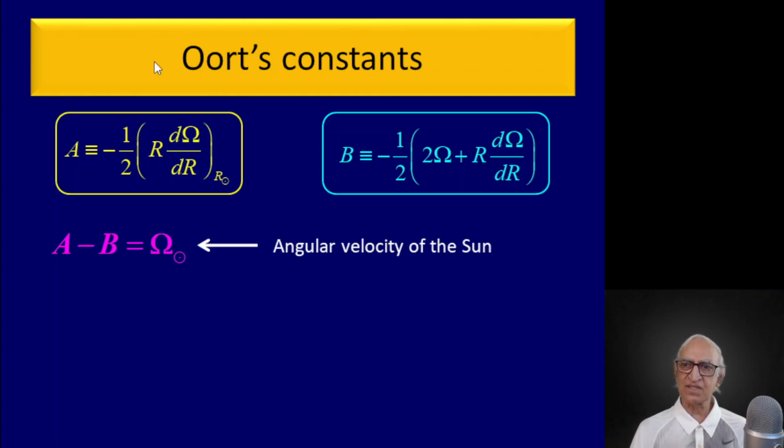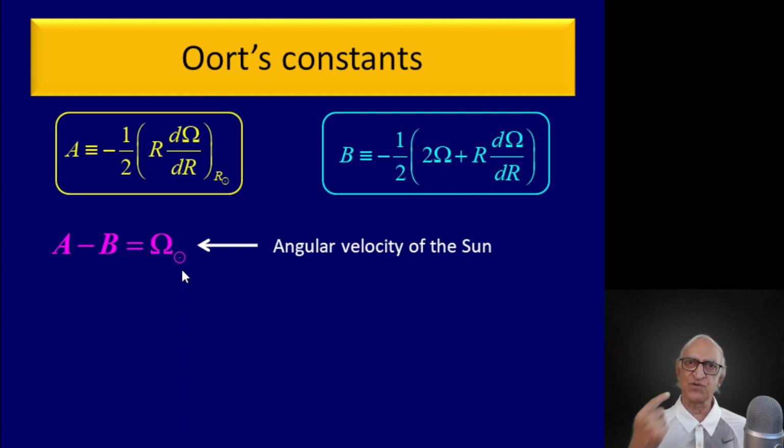Now notice that if I subtract B from A, the second term in this bracket cancels out, and therefore what we will have is simply half of 2 omega with a plus sign, which is omega evaluated. Remember, these brackets are evaluated at the solar circle. Therefore, A minus B will give you omega at the solar circle.